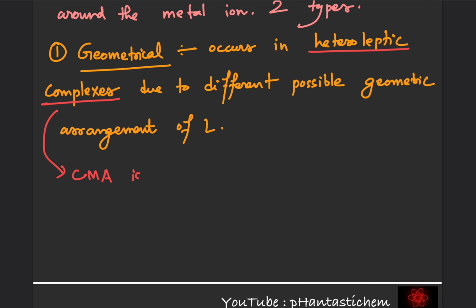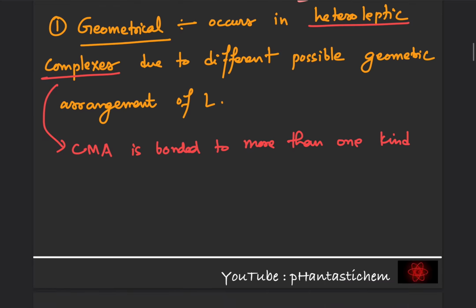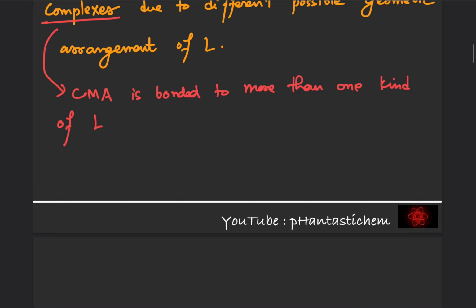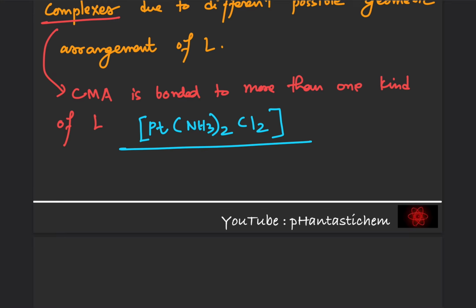The central metal atom is bonded to more than one kind, that means there should be different kinds of ligands. For example, in option A we have Pt(NH3)2Cl2.